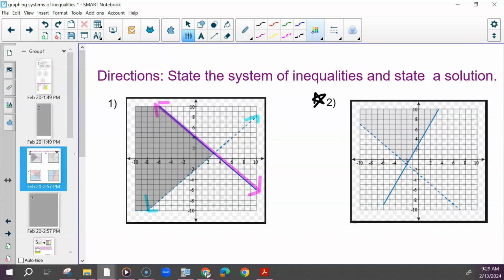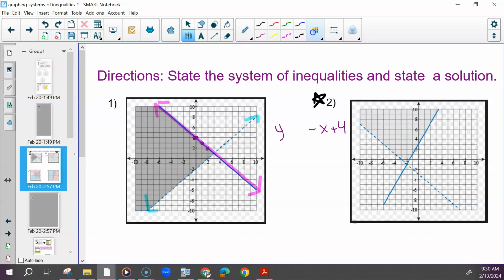Okay, so for my now pinkish purple line, what is the y-intercept? And then what is the slope of that line? One. But -1. You don't have to plot the points all the way down to see that, but you can if you want.